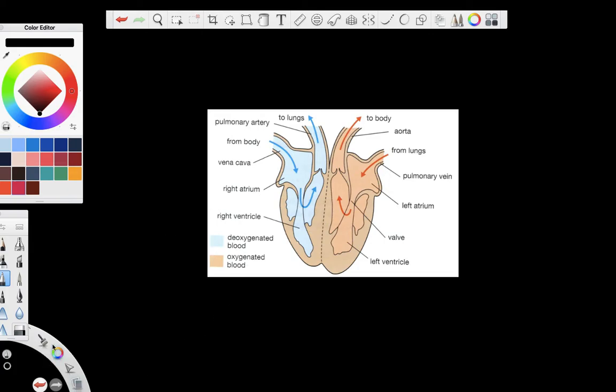The first one we're going to talk about is the pulmonary vein, this one here. And the pulmonary vein attaches to the left atrium. So the pulmonary vein transports oxygenated blood from the lungs to the left atria.